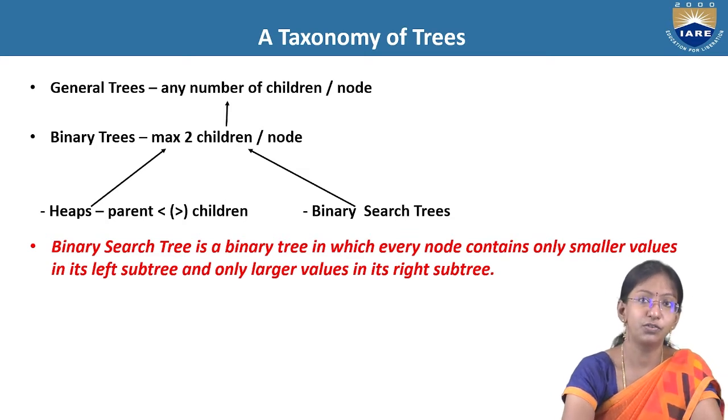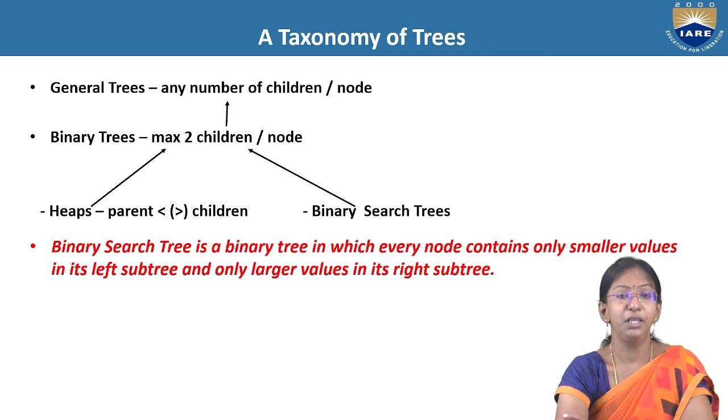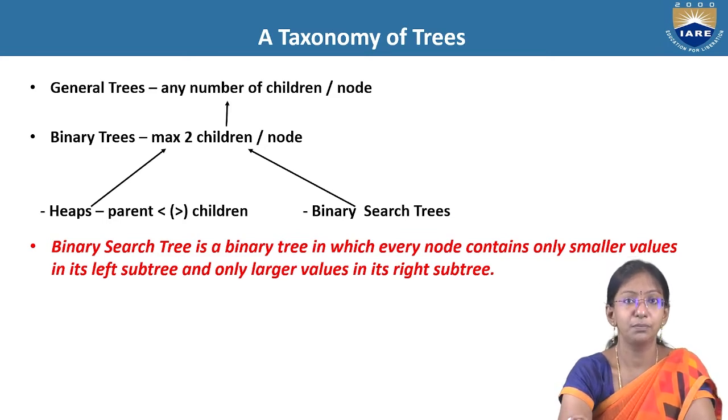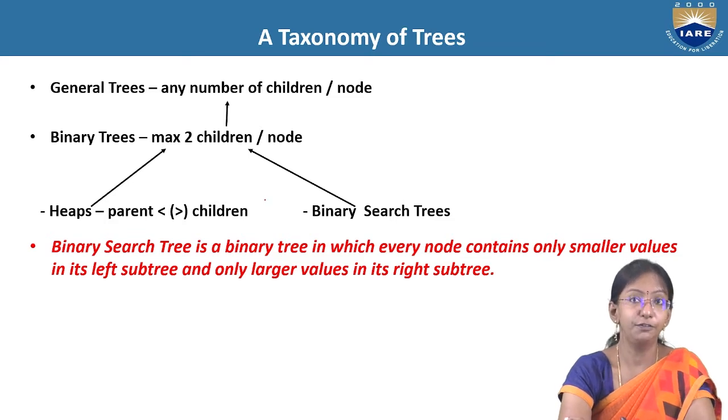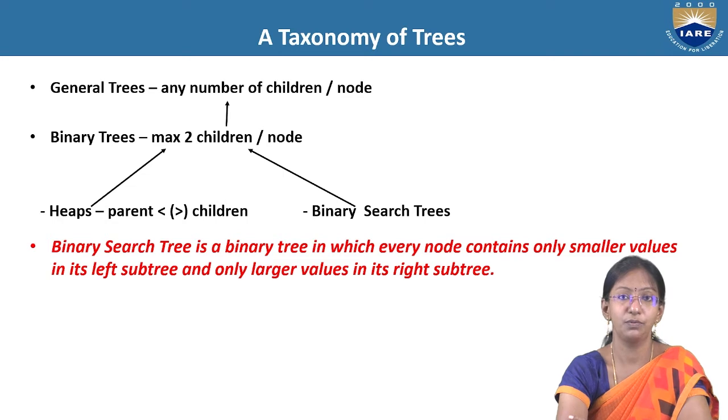Then what kind of constraints have they imposed? Let's have a look at this one. Heaps can be called max heaps or min heaps. If the parent value is less than its children, then it is known as a min heap. If the parent value is greater than its children, it is known as a max heap, right? So that was one of the constraints.